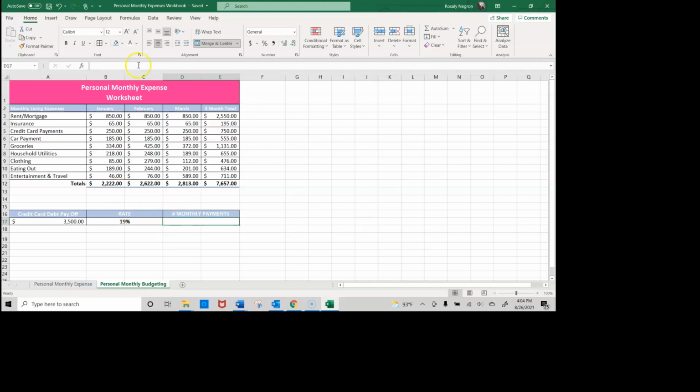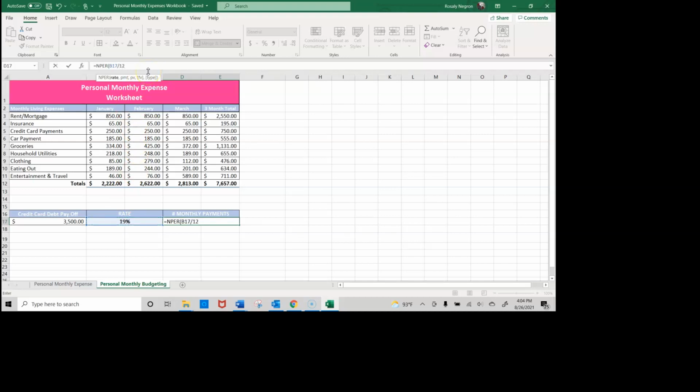So if we go here, we would do equals NPER, and there it goes. And then parentheses, and then it would be cell B17, because that is my interest rate. And then we need to divide that by 12 months.